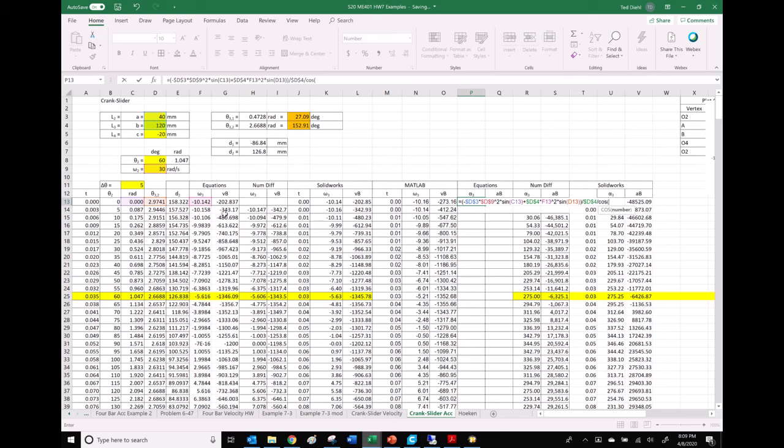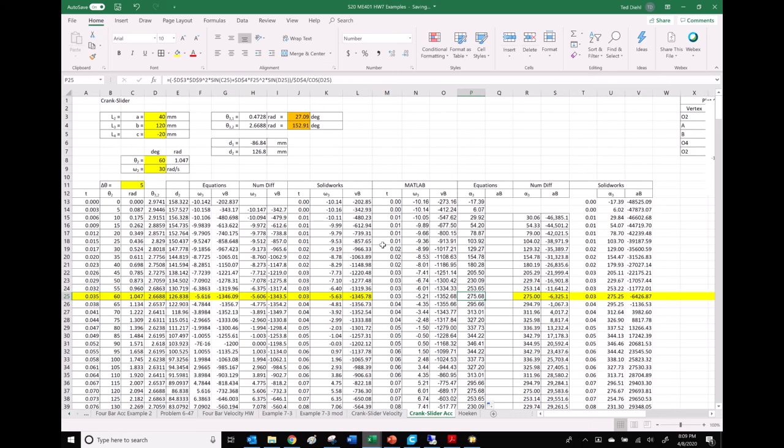Cosine of theta 3. And I'll put a box around it and go down there, and there's our answer right there, right? That's the 275 that we should have gotten.